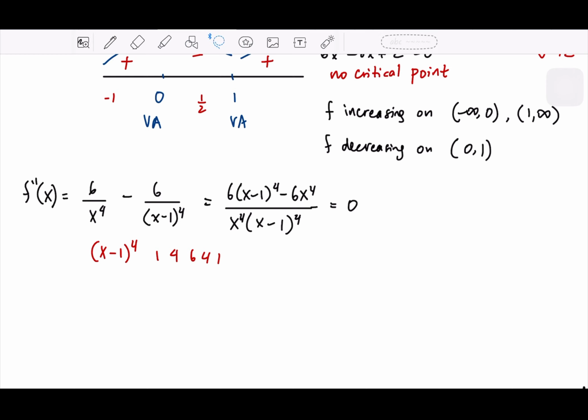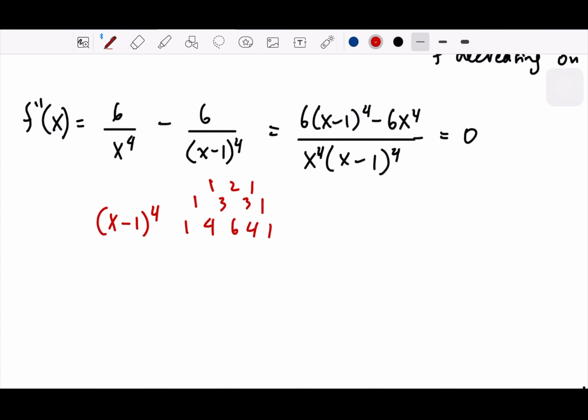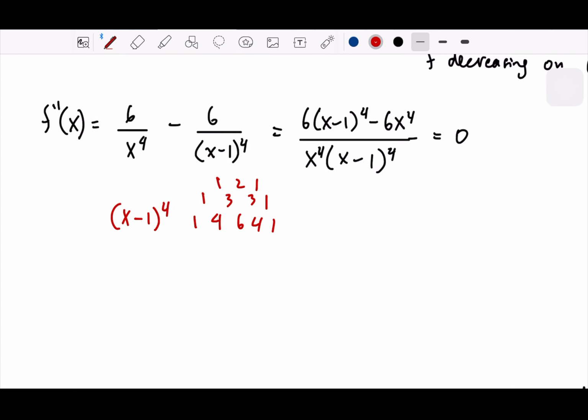If I take it from what we call Pascal's triangle, right? So this is for the coefficients, but the result is x to the power of 4 plus 4x cubed minus 6x squared plus 4x minus 1, right?